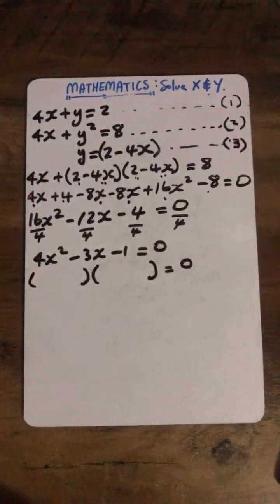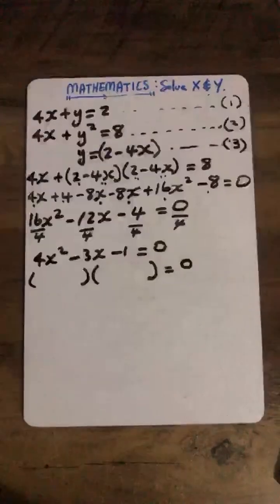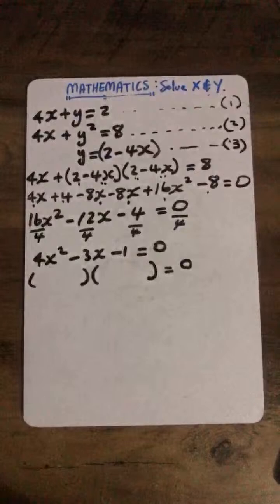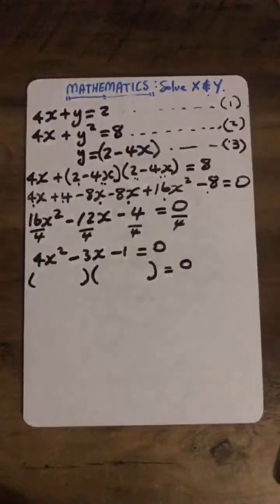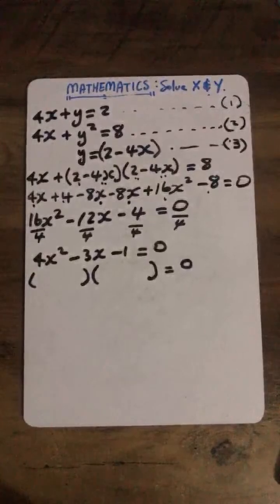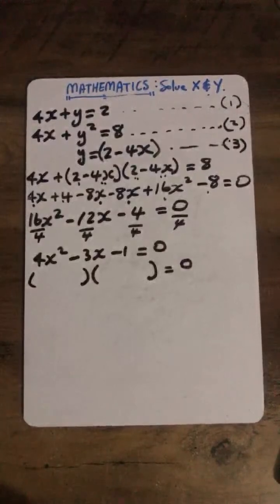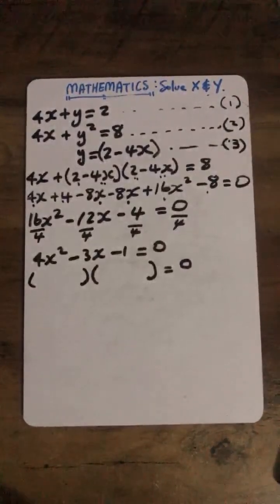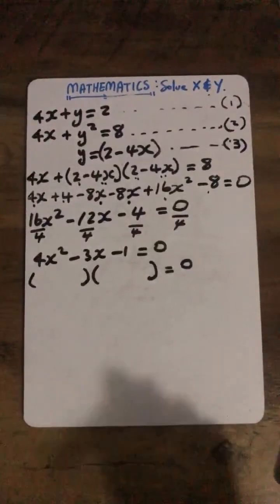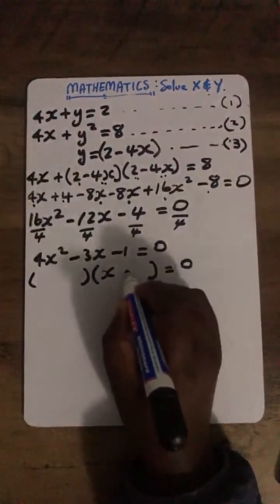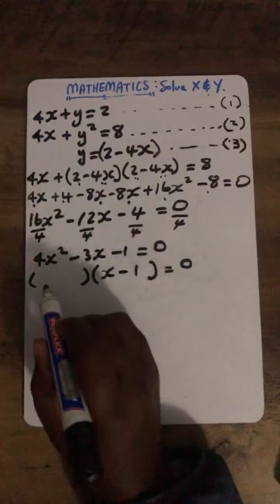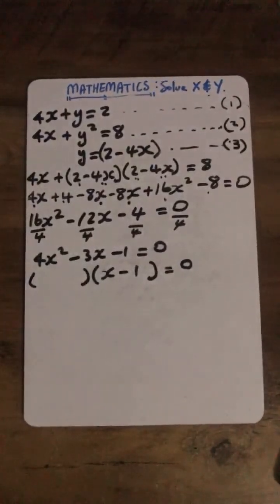I'll start factorizing this way. As I factorize, I am getting x minus 1 there, and let's see the other factors.